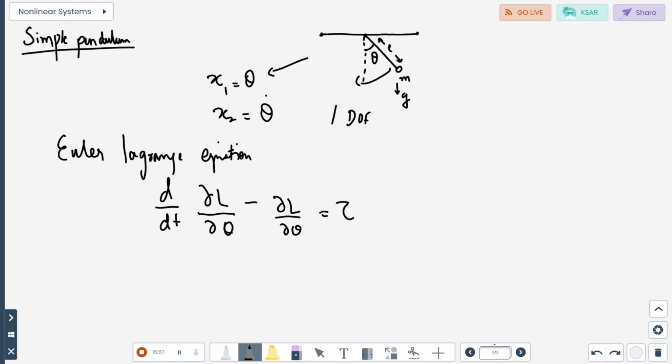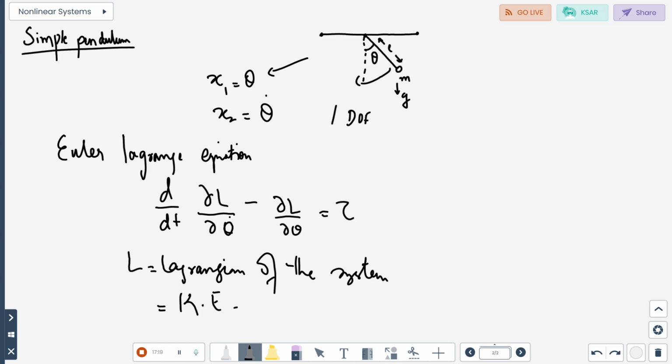As far as this L is concerned, it is known as the Lagrangian of the system. And L is given by kinetic energy of the system minus potential energy of the system.